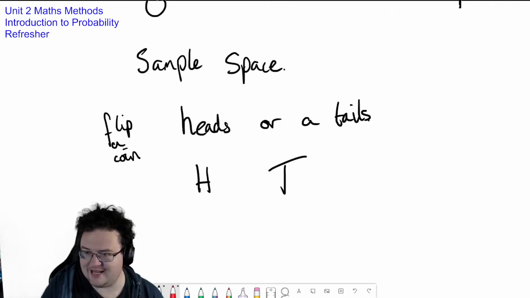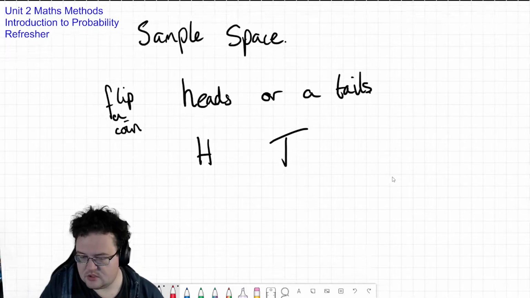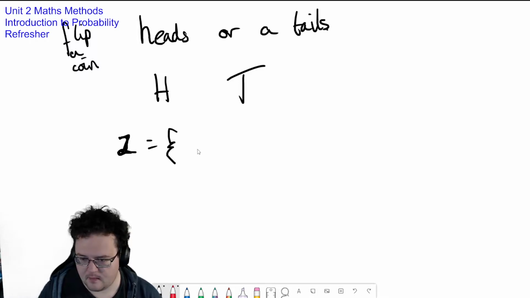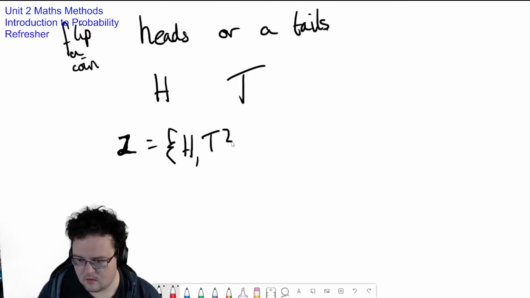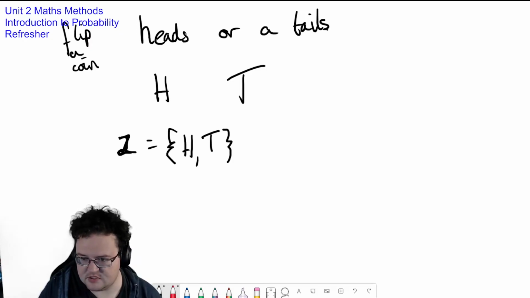We use the Greek letter epsilon, which is kind of like a squiggly Z. It's like a Z and a 2 had a really deformed child. And that's how you would represent the sample space.